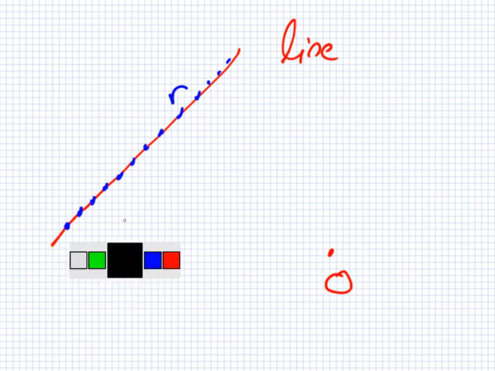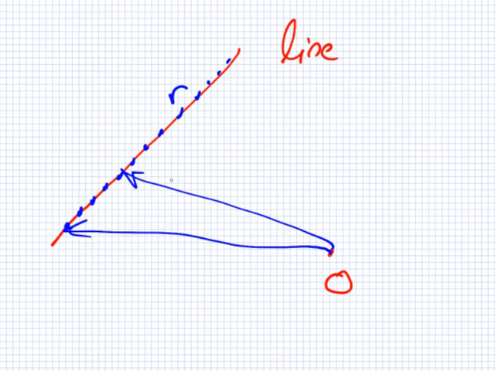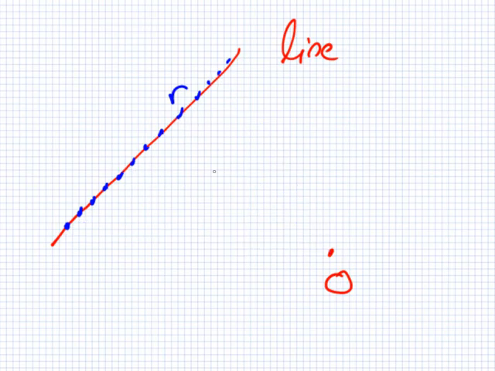But if you're using vectors, the equation of the line is the equation that makes all the vectors that point at the line. So when I say equation of the line in vector form, I mean give me an equation that represents any vector and all vectors that point to the line. So in other words, you want an equation that represents this vector OR that points to the line.